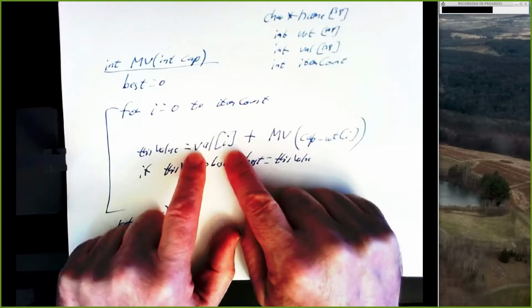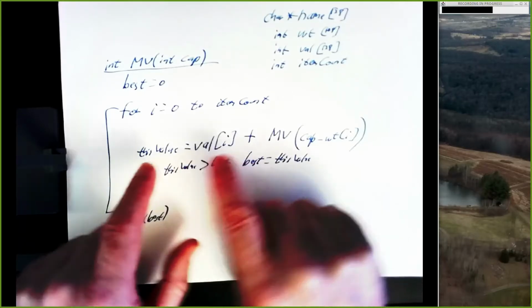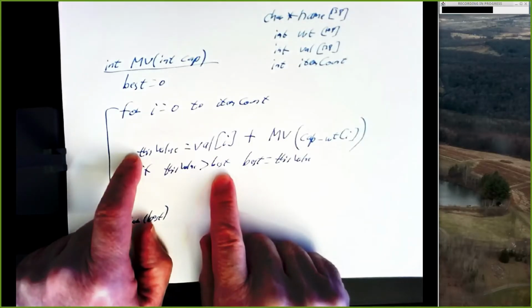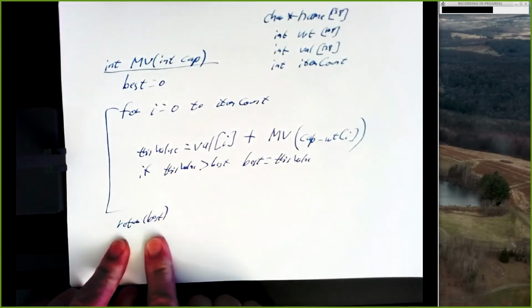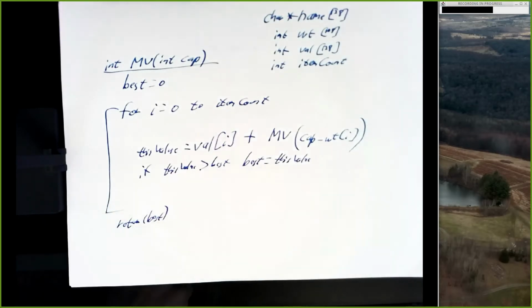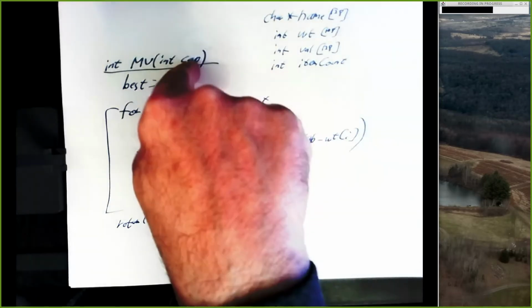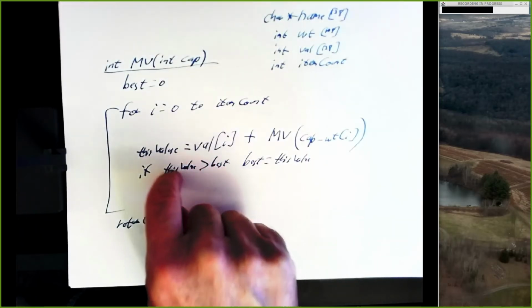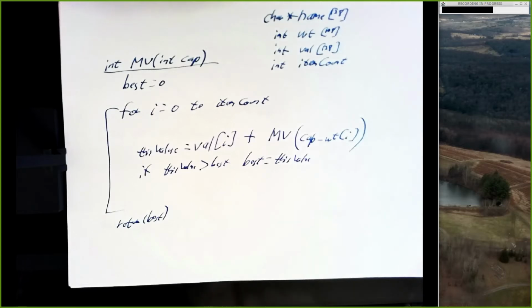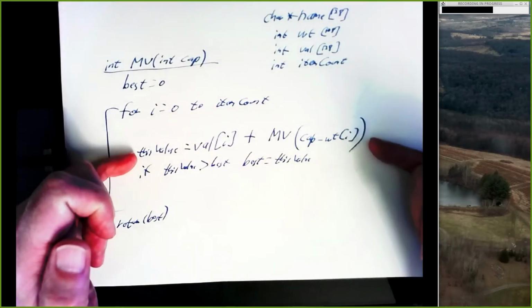But hey, I got $1 billion by putting that item in my bag. That's better than the best answer I found. I'm going to remember that billion. I'm going to return that. That's a bogus answer. It's bogus because if my bag only holds 10 pounds, I cannot put that item in that weighed 1 billion pounds. So this calculation is not always valid.